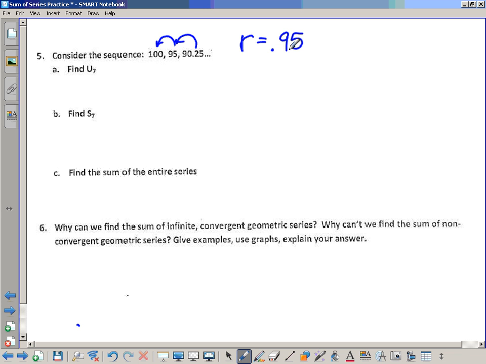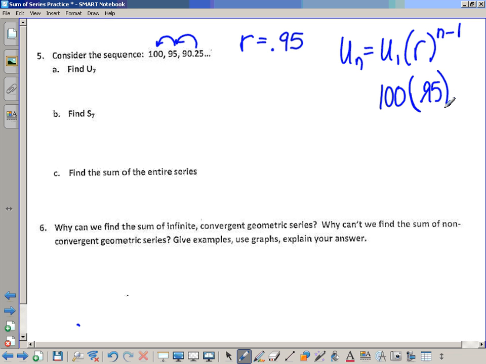Or you could use one of those formulas we've learned throughout the year, u1 times r to the n minus 1. This is the explicit formula when we're given u1, when we know our r value, we know how many terms we want. 7, the exponent is n minus 1.